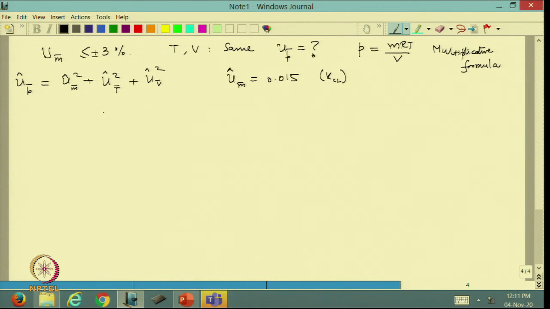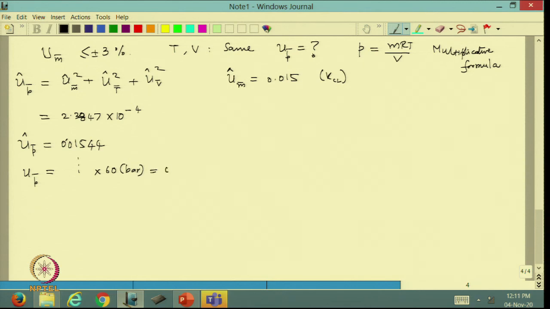We already have the other two numbers, and when you put all these things here, this comes out to be 2.3847 into 10 to the power minus 4, or u hat P is equal to 0.01544, and then you can calculate u p bar, this multiplied by the nominal value of the pressure, which is 60 bar.